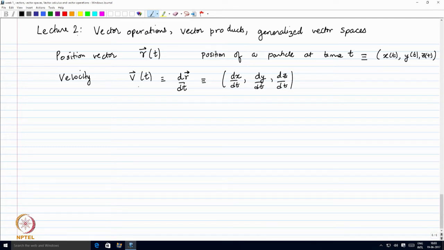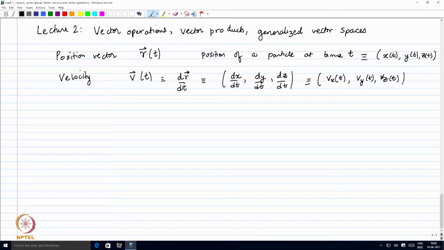Now, the velocity is just the time derivative of the position. So, it has components which are just time derivatives, and you might denote them as the x component of the velocity, which is also a function of time, the y component of velocity, and the z component of velocity, v z of t.